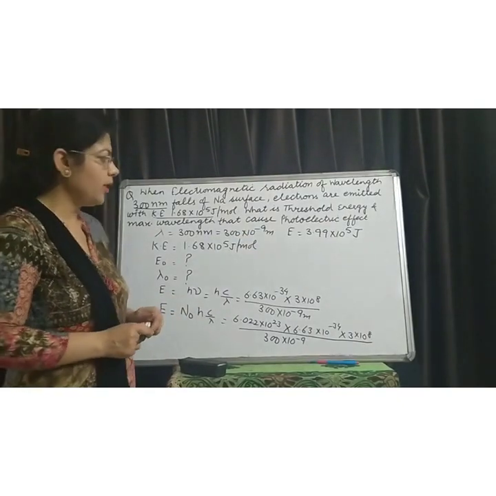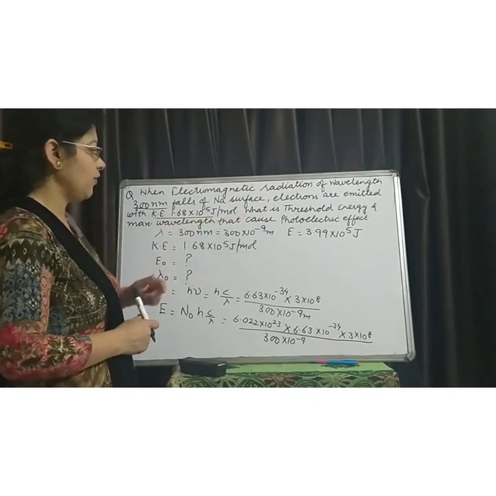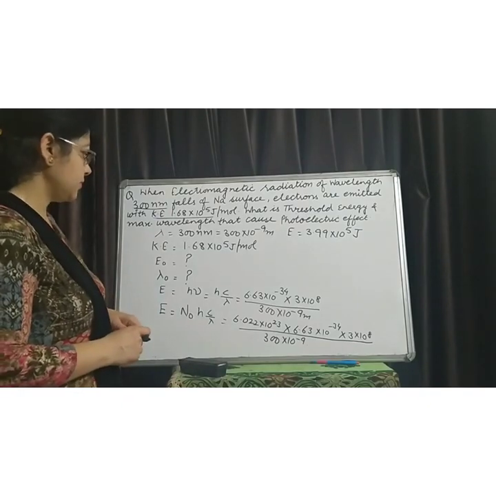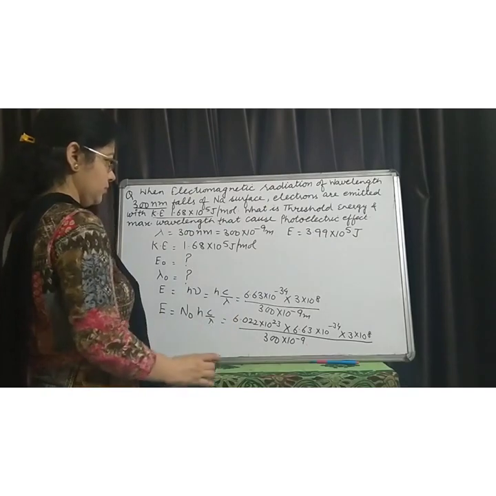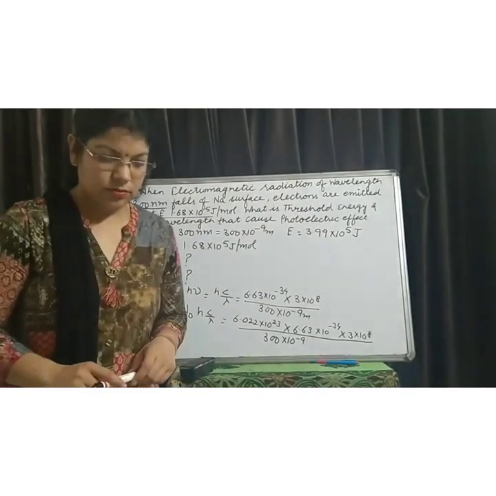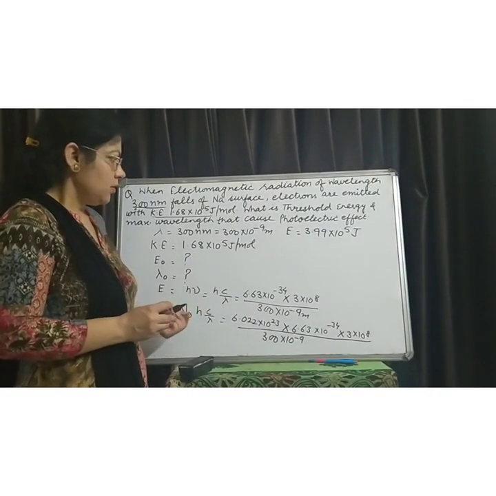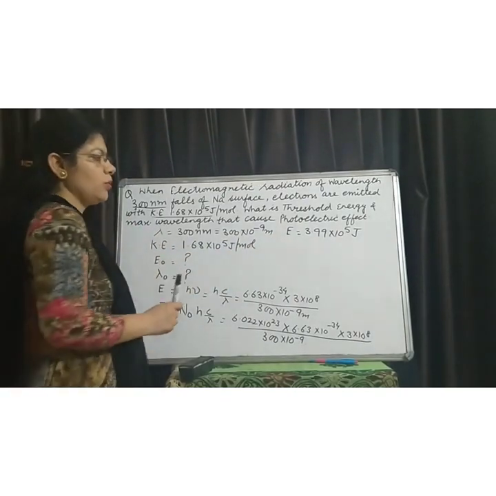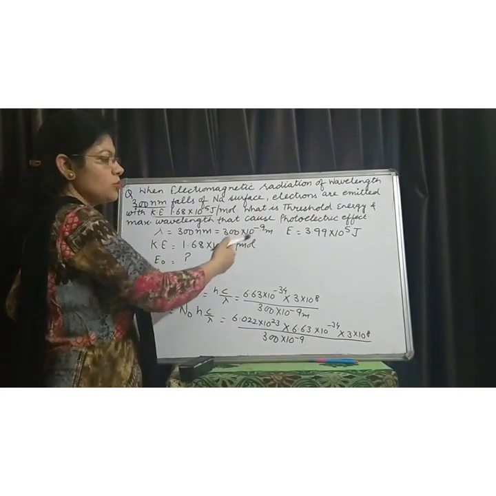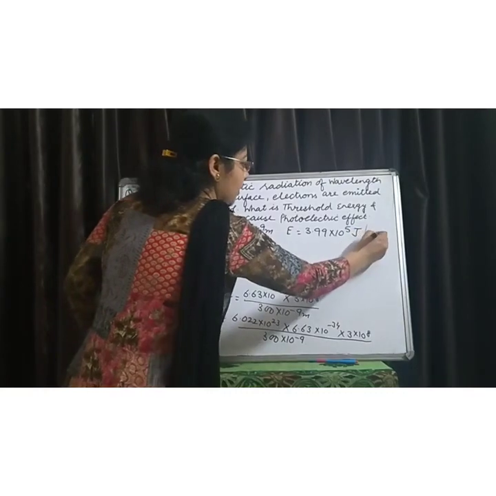Next, you have to calculate threshold energy and wavelength. We know that this is the energy of 1 mole of photon, or you can also say that this is the energy in joule per mole.